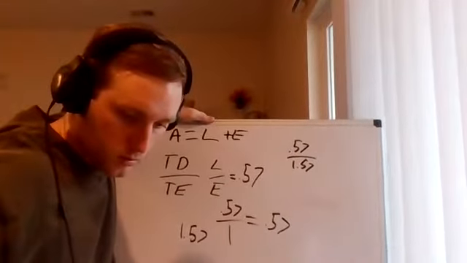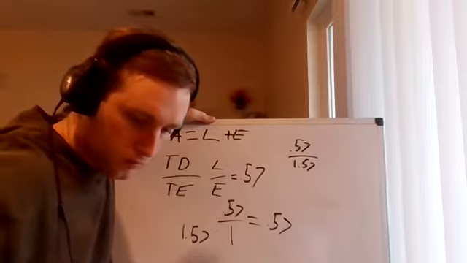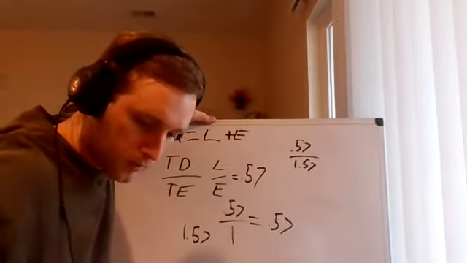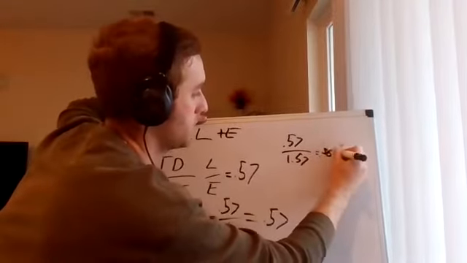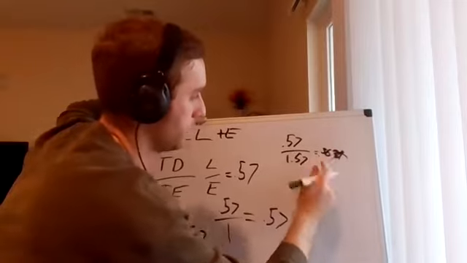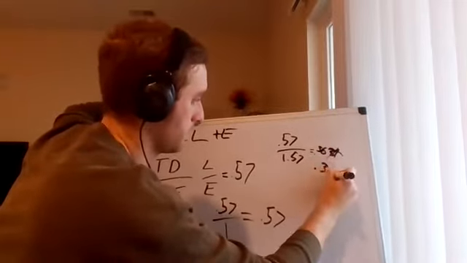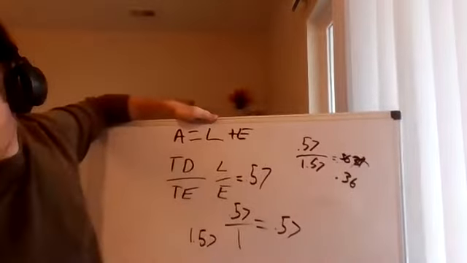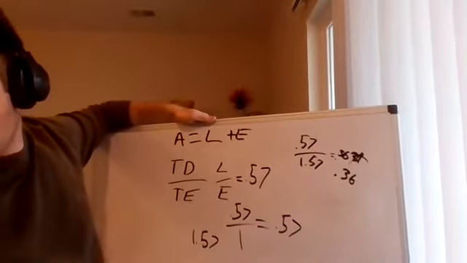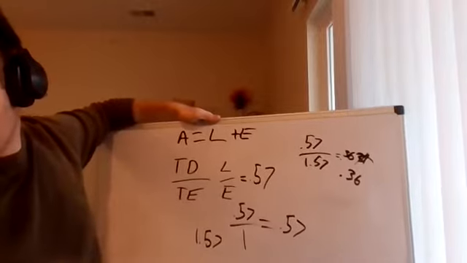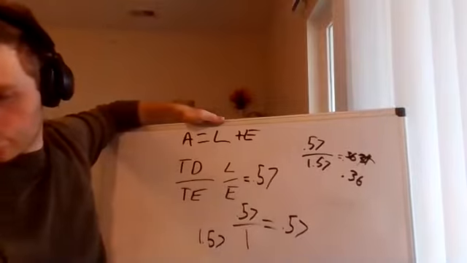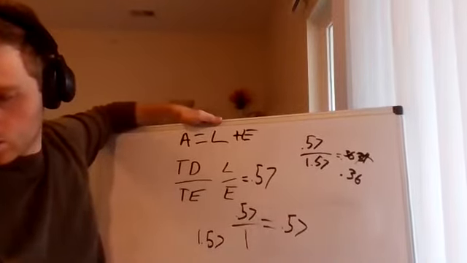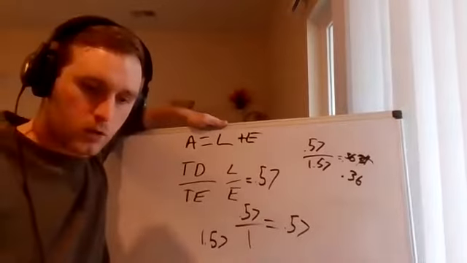And when we do that, 0.57 divided by 1.57, we get 0.3631, or if we just round, it is 0.36. Any questions on that one? Move on. Let me lay this down real quick.